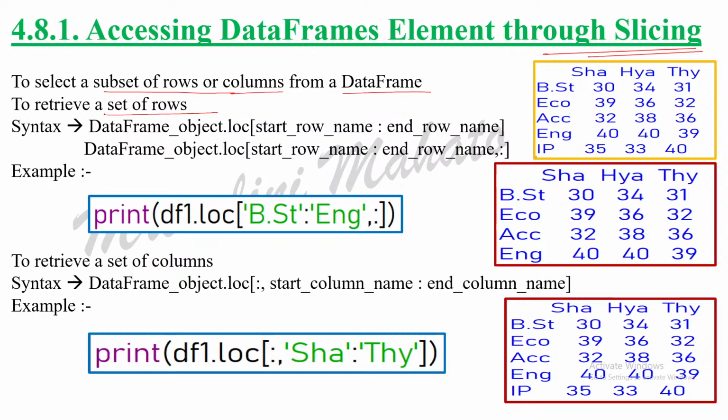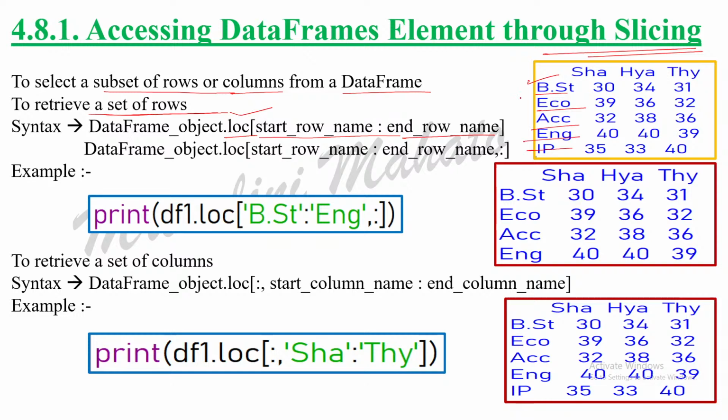To retrieve a set of rows, what is the syntax? Data frame object dot loc, start row name colon end row name. This is our data frame. In this data frame, which type of index is the row index? Label index.